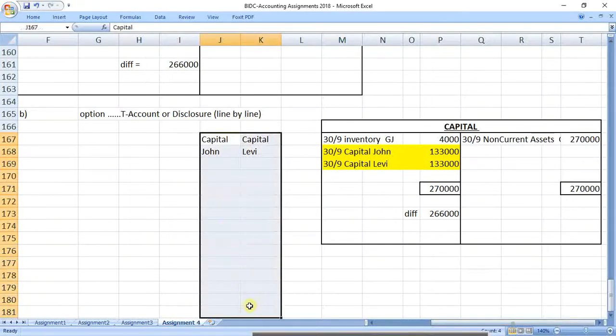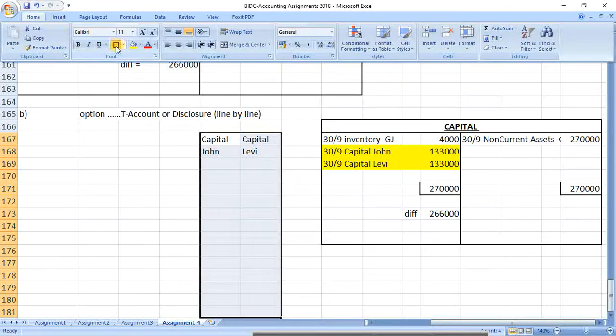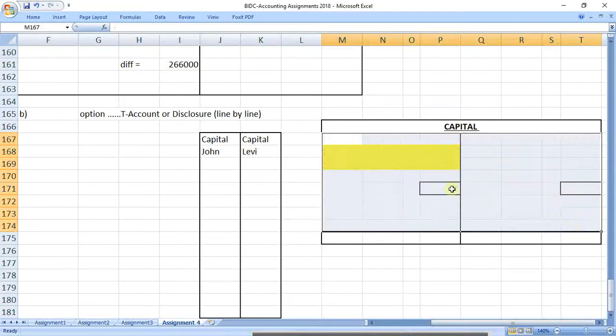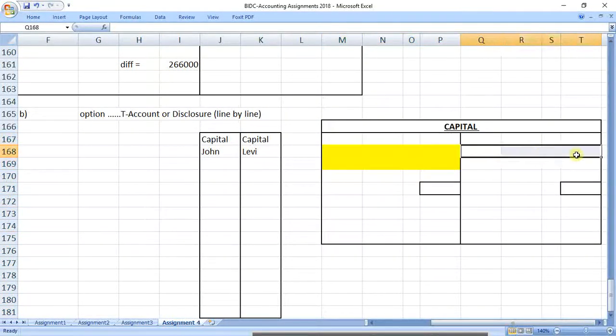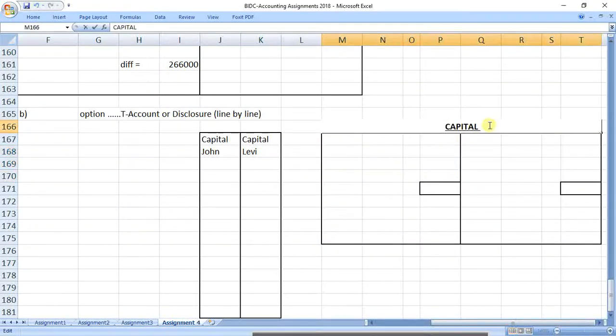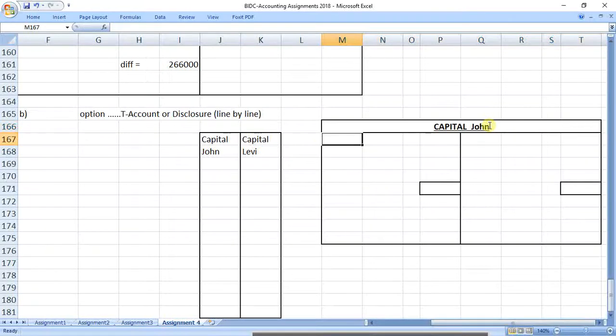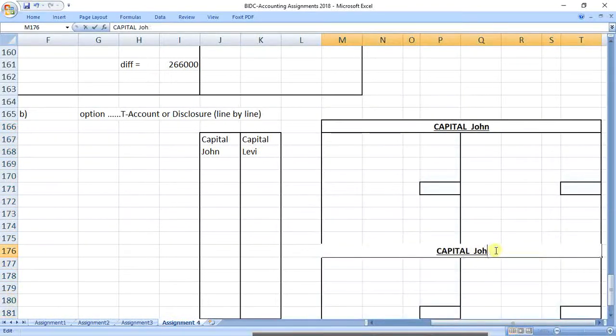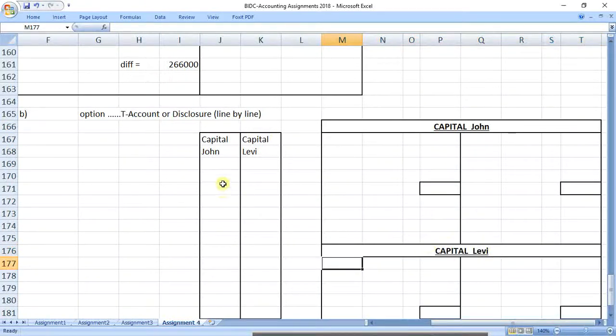That's the other option, the column format. Disclosure line by line. Delete that and copy paste. Capital for John, and copy paste Levy. So that's what we've got.